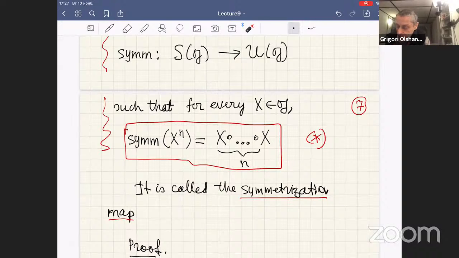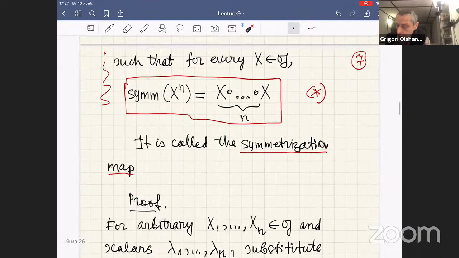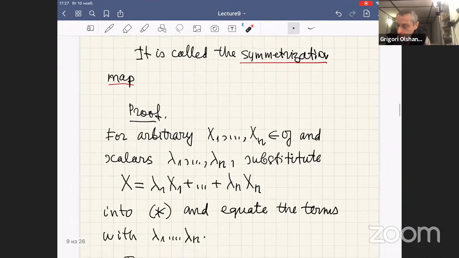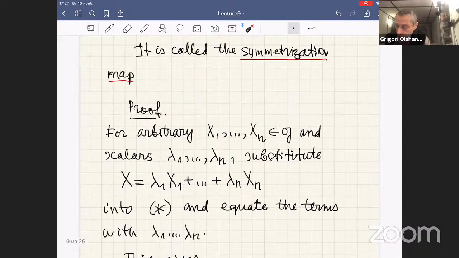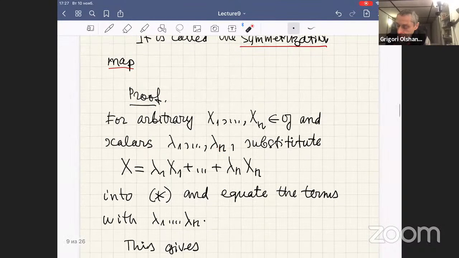Why symmetrization map? Let's regard in more detail what happens. Take arbitrary elements of our Lie algebra, take arbitrary scalars from the base field, and substitute for x this linear combination, and look what happens.